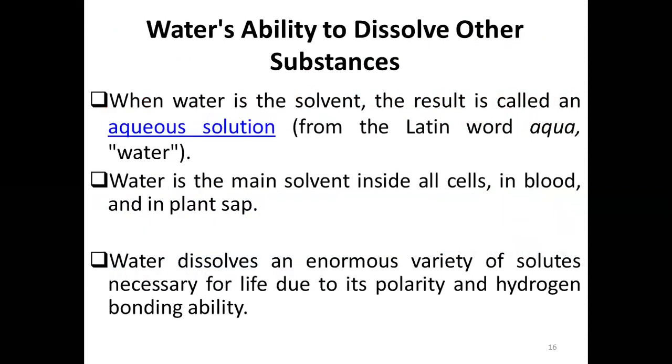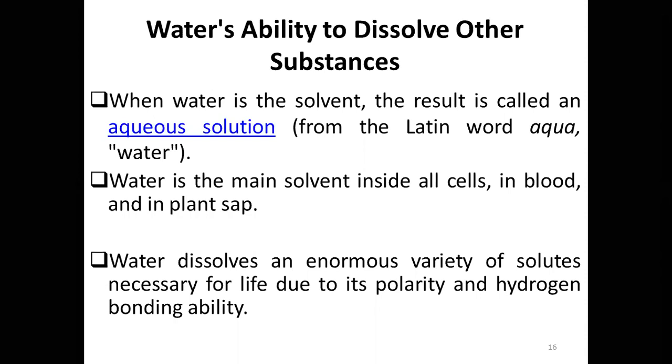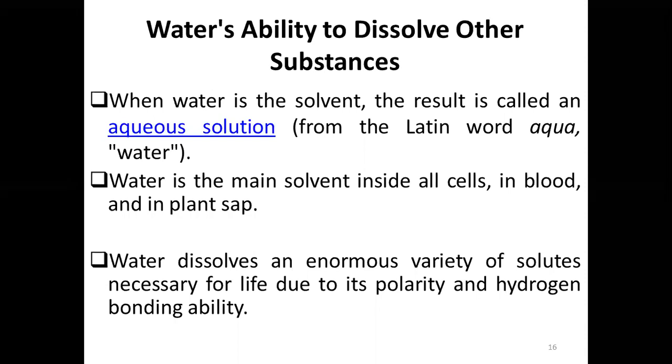So when water is the solvent, the result is called an aqueous solution. I'm sure we know this. Water is the main solvent inside all cells, in blood, and in plant sap or cell sap. Blood plasma is a solution because it contains particles that are dissolved in water. The plant cell sap is also an aqueous solution because it contains ions, substances that are dissolved in the solvent water.